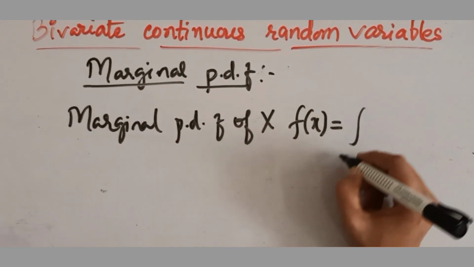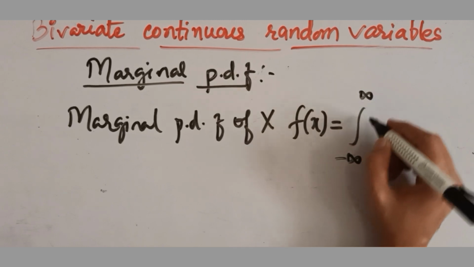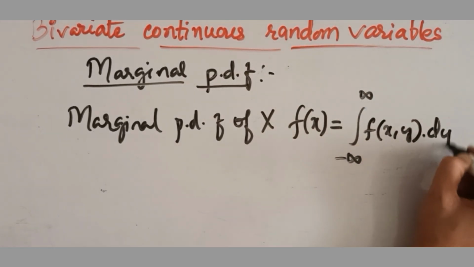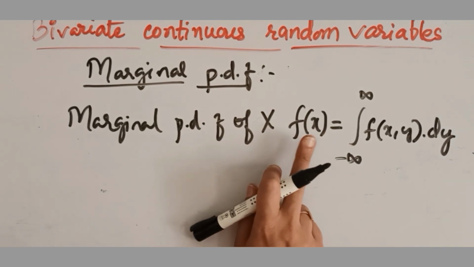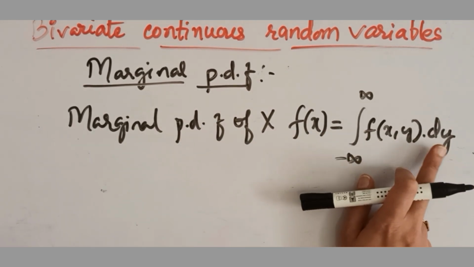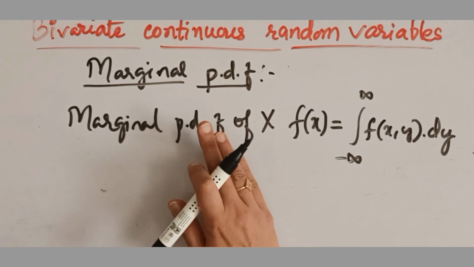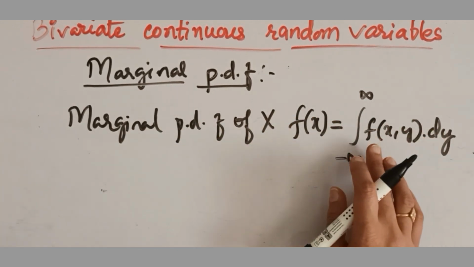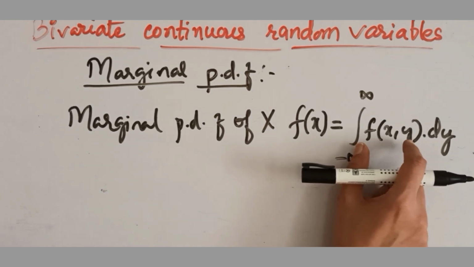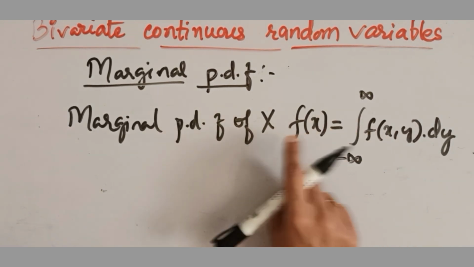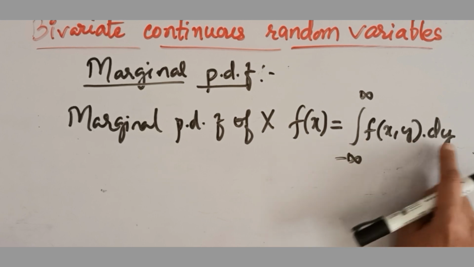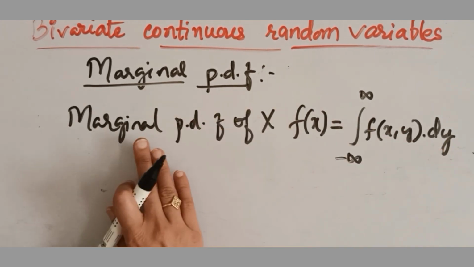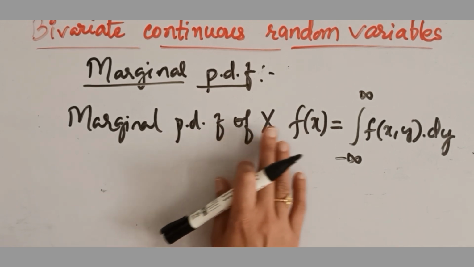So you have the integral from minus infinity to infinity of f of x comma y with respect to y. It is a density function of x, but the integration is with respect to y. As in the discrete case where we take the row sum, there we are changing the columns. In the same way, here, while taking the probabilities with respect to x, we are integrating, taking the sum with respect to y. This you have to remember. This is called the marginal probability density function of x.